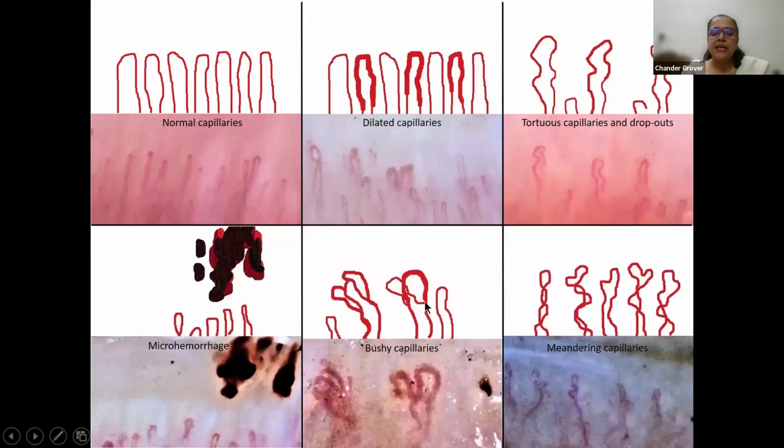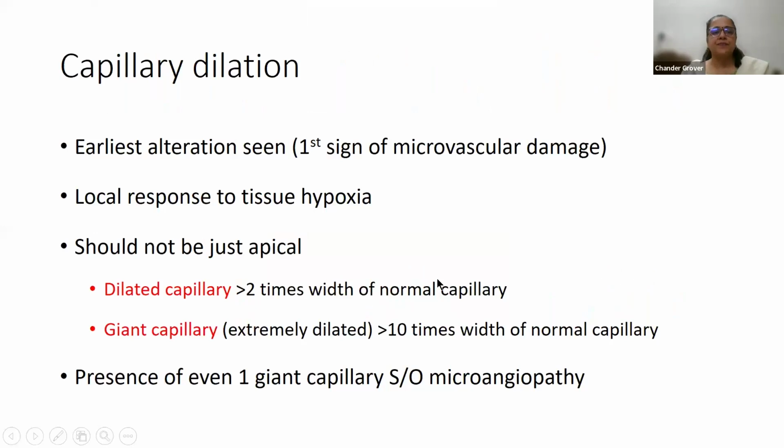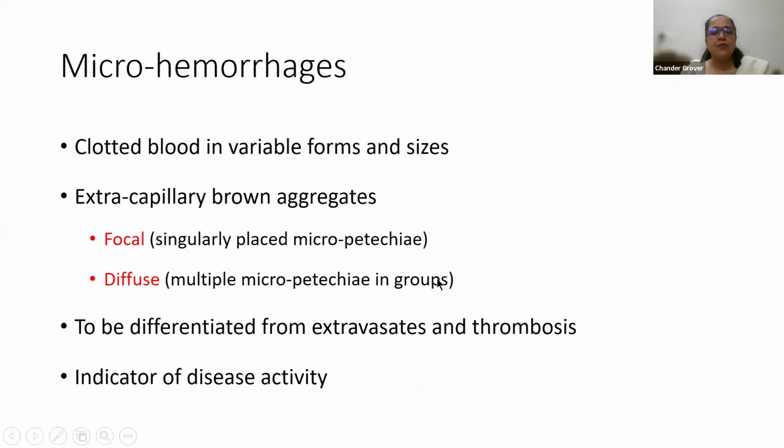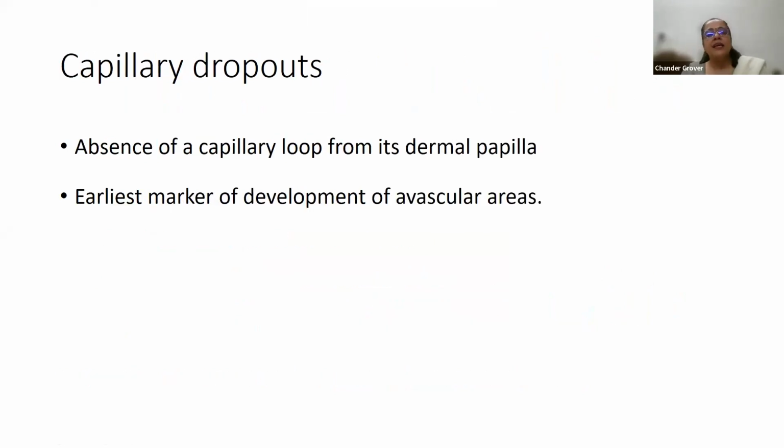Bushy capillaries are a sign of neoangiogenesis. That is, ischemia is significant enough to now make the capillaries proliferate. Capillary dilation is the earliest sign which is seen. Microhemorrhages, focal or diffuse: focal, you may not pay much attention to, as it can occur because of trauma, but if you see diffuse, multiple micropetechiae, then it's important for disease activity.